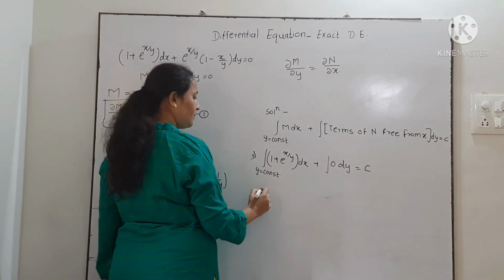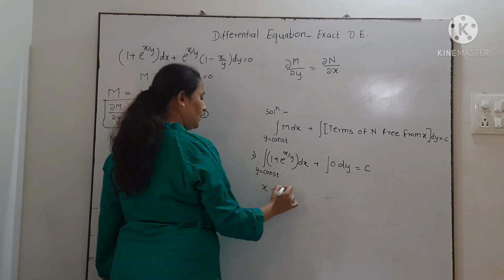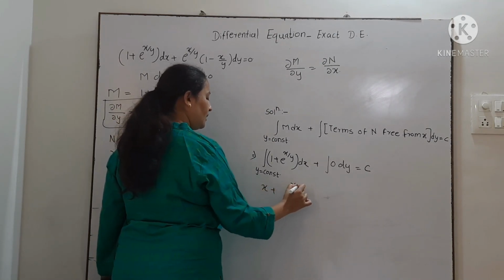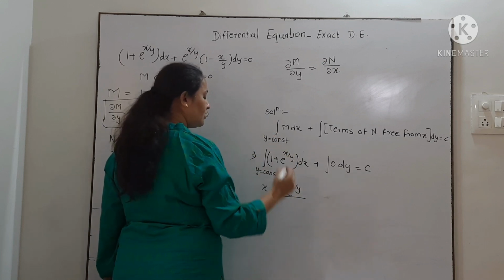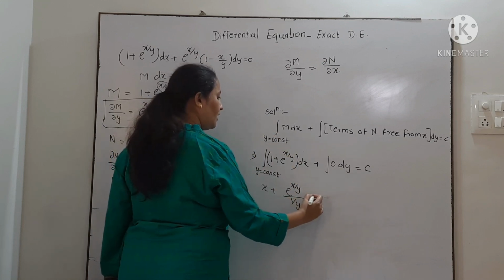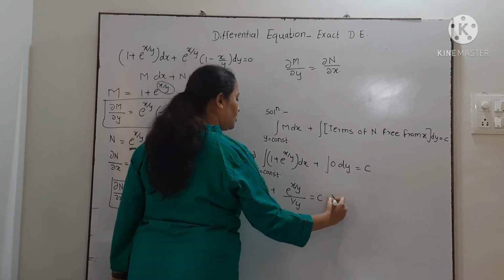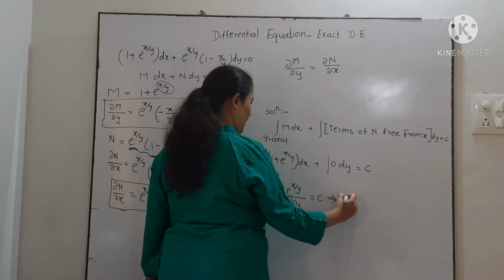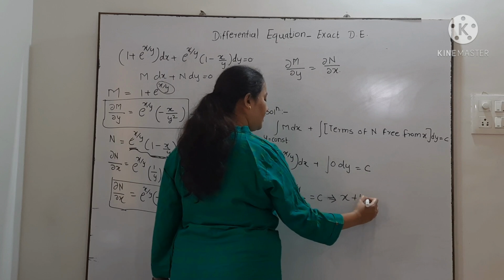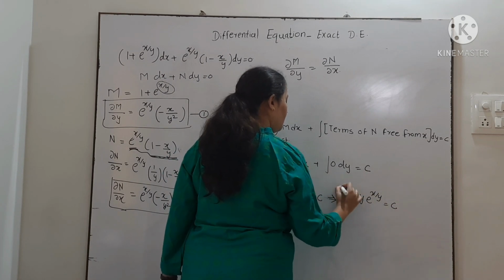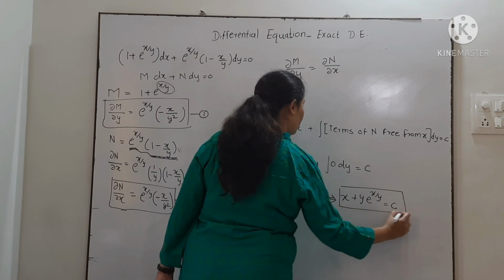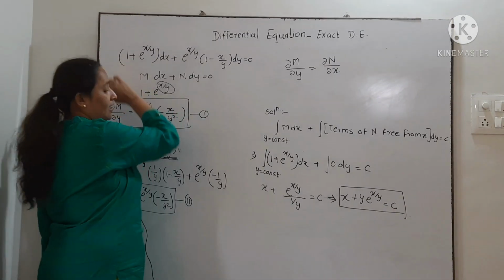Integral of 1 with respect to x is x plus e raised to x upon y upon derivative of x upon y with respect to x is 1 upon y equal to c, and this implies x plus y into e raised to x upon y equal to c be the solution of this differential equation.